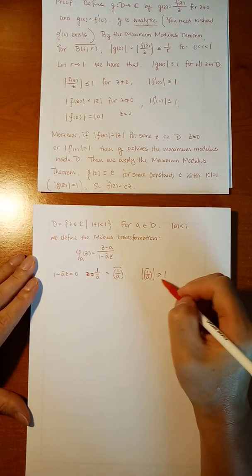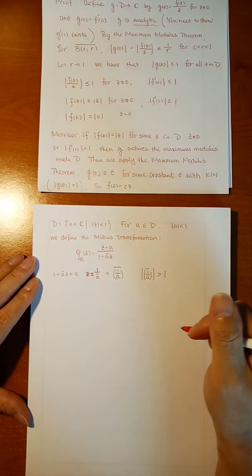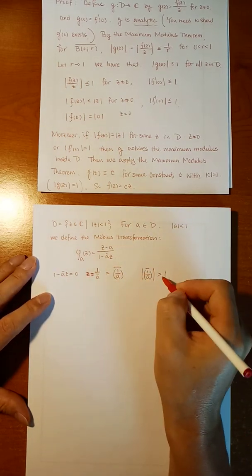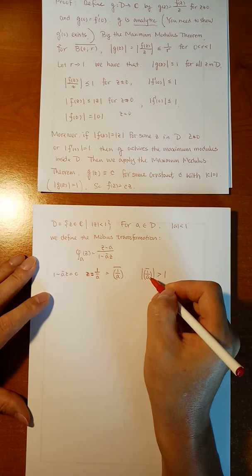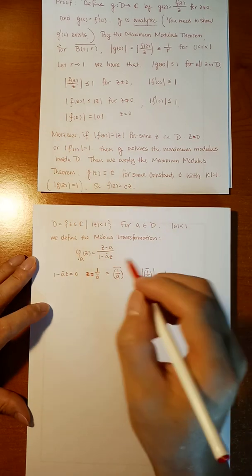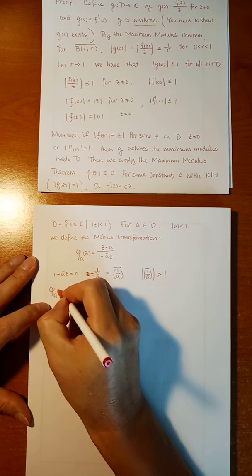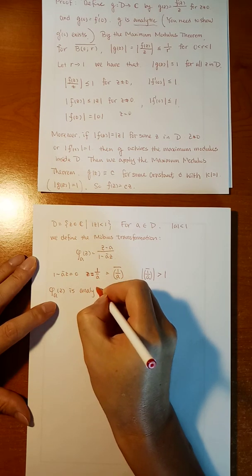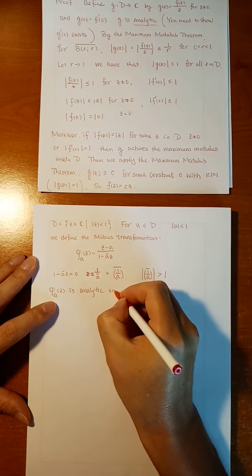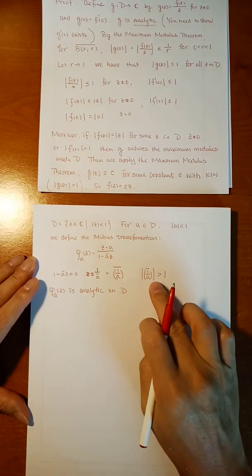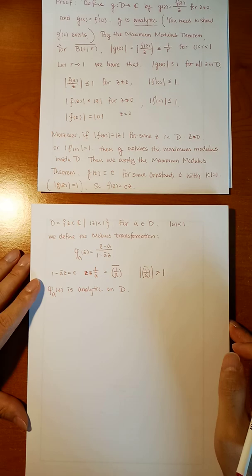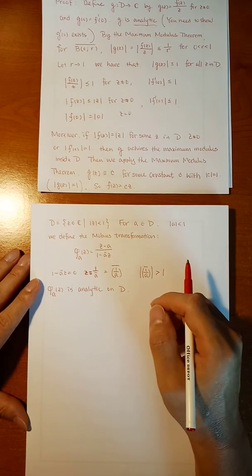A has modulus less than 1. You flip it, its modulus is greater than 1. So when Z is equal to this, the Mobius transformation is undefined. So it implies phi A of Z is analytic on D, because this point does not belong to D. Okay, it's analytic on D.